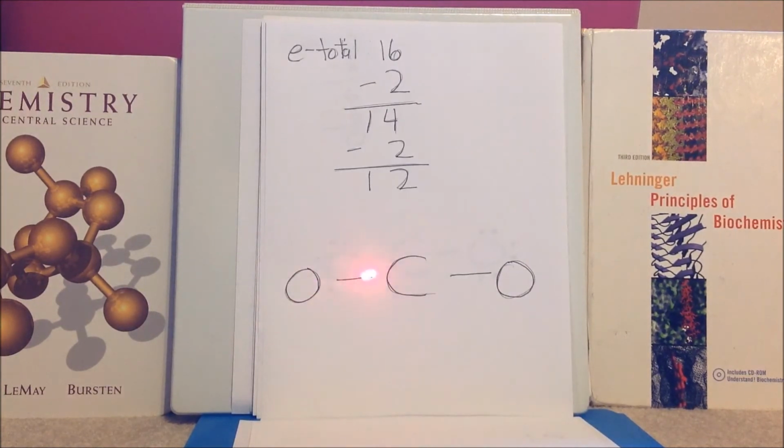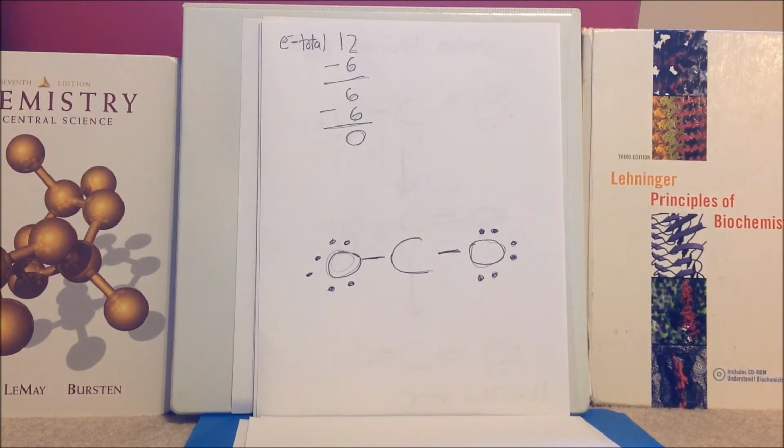So I will do that. I will hook this oxygen with this bond, take away 2 from my electron total, give me 14. I'll hook this oxygen with this bond to carbon, taking another 2, being 12. I can basically say there's still electrons left over, so I need to assign some to the outer atoms. I'm lucky in this case in that the outer atom is oxygen, which is fairly electronegative, and that means it would get the electrons first.